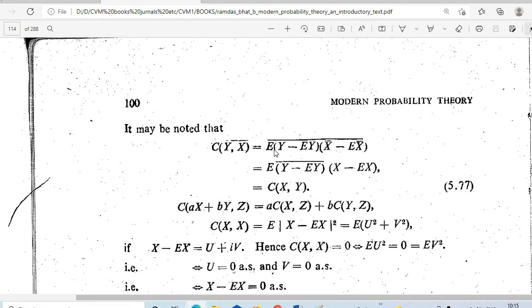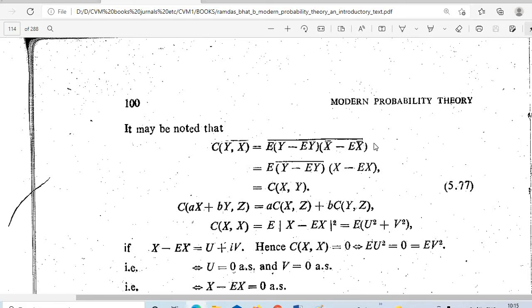If we expand this function, apply the conjugate to all terms and then reduce to the original form, we get expectation of (y minus expectation of y) conjugate and x minus expectation of x, because x conjugate all conjugate will be x itself.